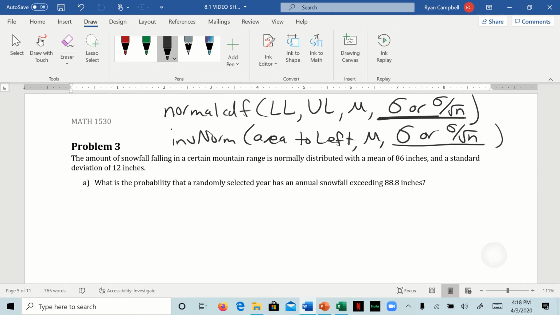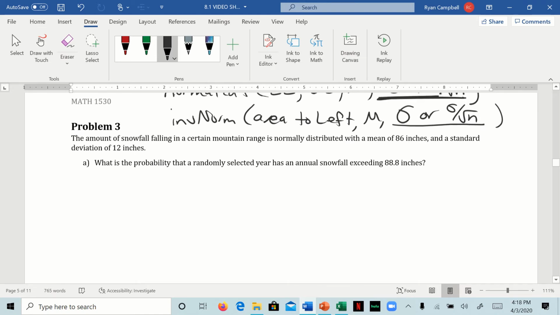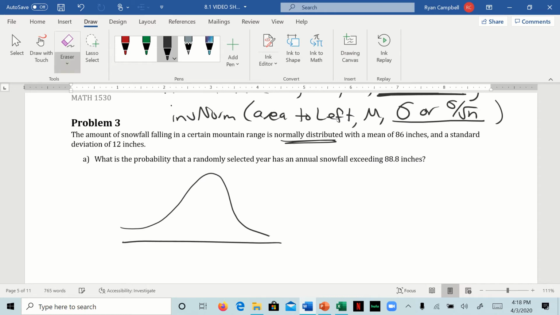So problem 3, the amount of snowfall in a mountain range is normally distributed with a mean of 86 inches and a standard deviation of 12 inches. What is the probability that a randomly selected year has an annual snowfall exceeding 88.8 inches? So normally distributed, so we're going to make our normal bell curve. 86 goes in the center. What else are we given?